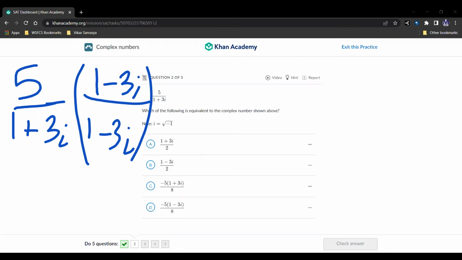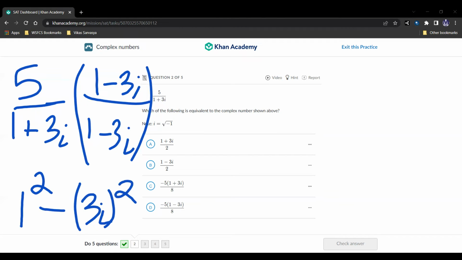The denominator becomes 1 squared minus the 3i squared, which is going to be, what is that going to be? That's going to be 1 squared minus the -9. So 1 minus the -9 should equal 10. But we don't have a 10 as an option here.